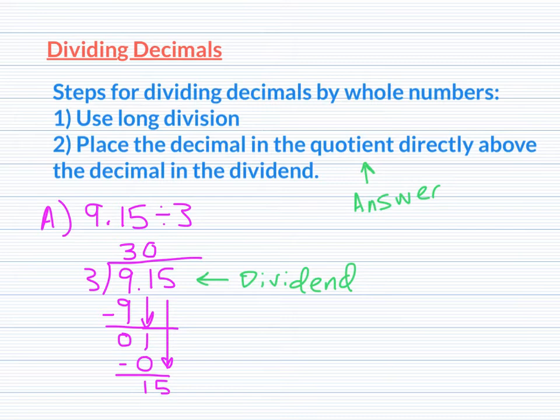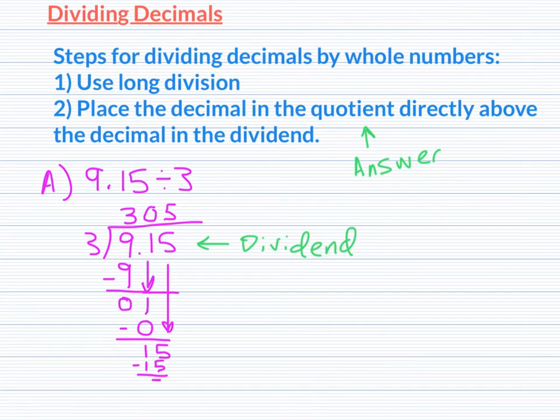And 3 goes into 15 5 times. 5 times 3 is 15. Running out of room here. And I know 15 minus 15 gives me 0. I'll have to scroll down a little bit to put that in. 0. And remember, when we get a 0 down here, we're done. So my final step, I did my long division.